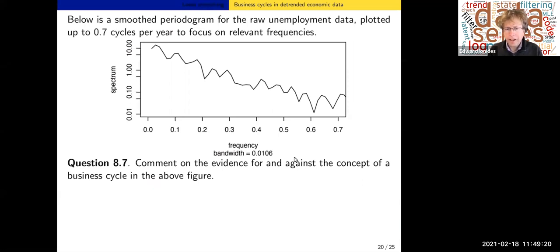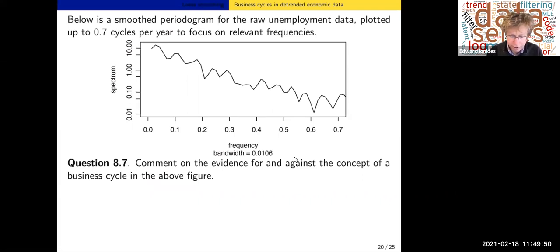So what does this say about the evidence for and against the concept of a business cycle in the data? Well, I think when you look at this smooth periodogram, it should make you question to what extent real characteristic business cycle frequencies exist.